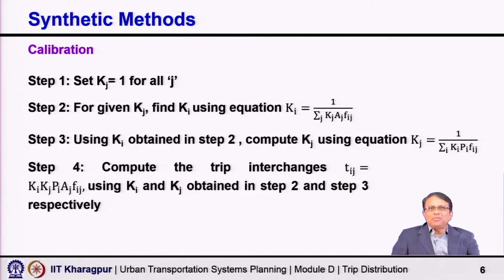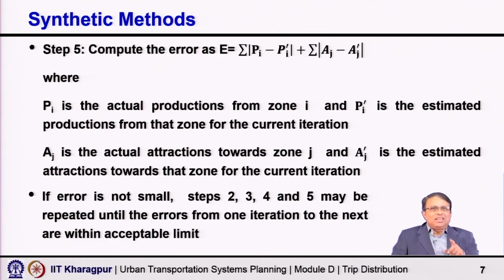We have certain values of Kj, with that we will again calculate Ki. With those values of Ki, we will again go to step 3 and calculate the values of Kj. And then you can come back to step 4, do the trip distribution, and check what your error value is.